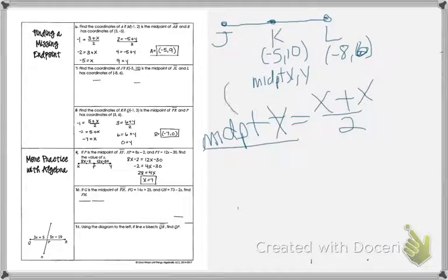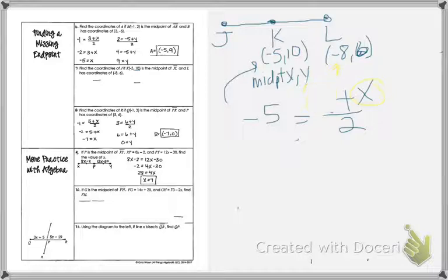Do they give us a midpoint x? Yes, they give us -5. So let's substitute -5. Do they give us one of these? Yes, they do. They give us -8. So let's erase that. Let's put -8. And now let's work the problem out.